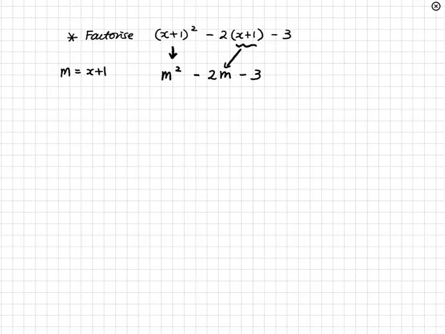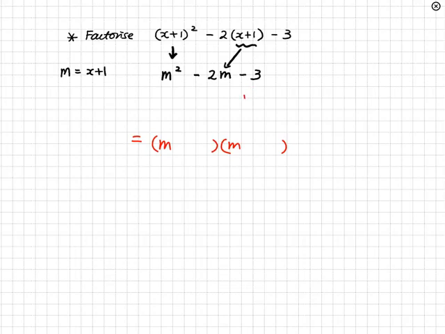Now, if you look at this new expression that we got, it is a similar quadratic expression that we actually encountered before. Now, it's not non-monic, it's a monic quadratic expression, so a lot easier to deal with. So m squared means m times m. So I should have bracket times bracket. You should have an m in each bracket. We're going to look at the constant term, which is negative 3.